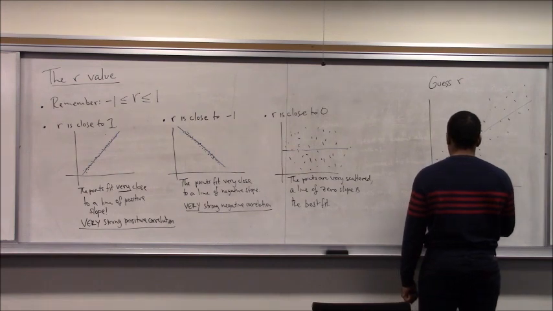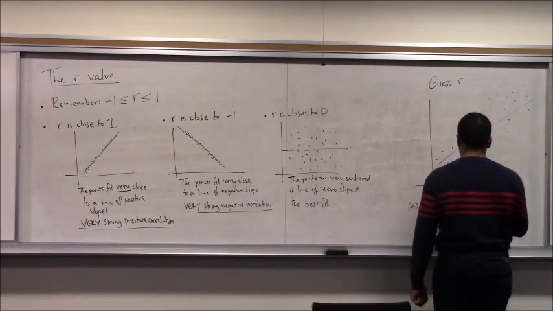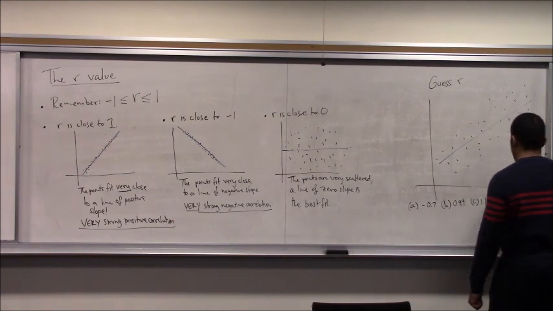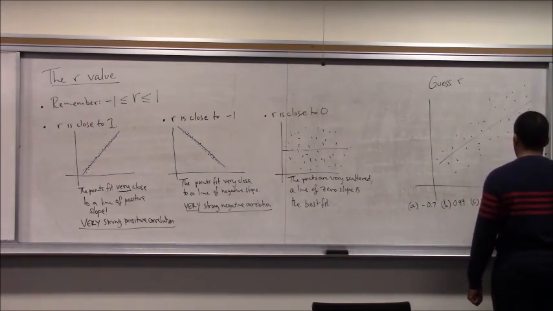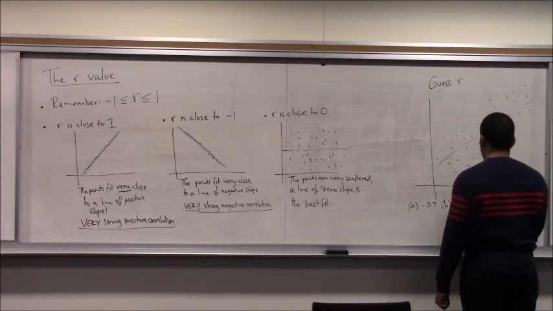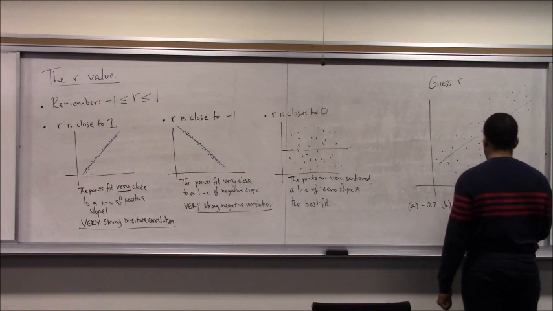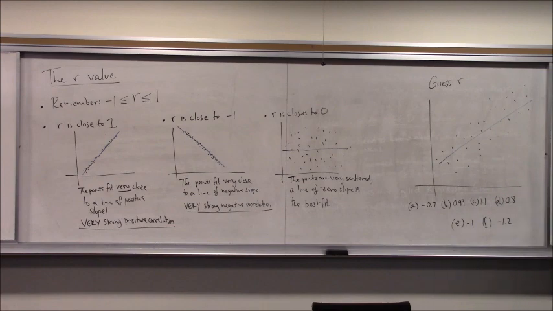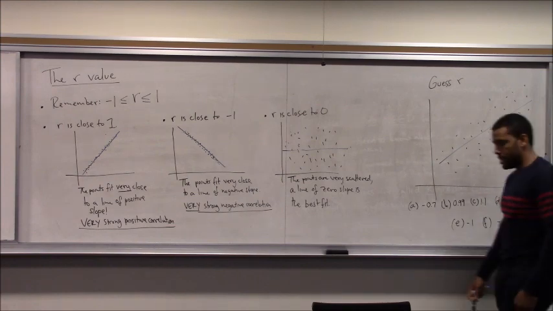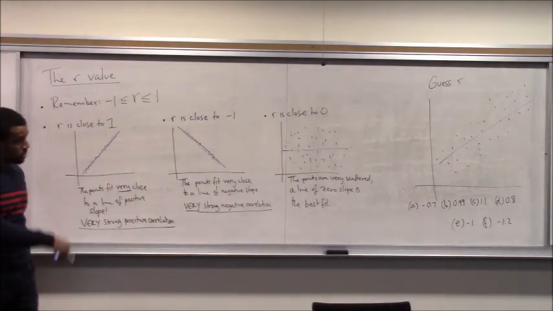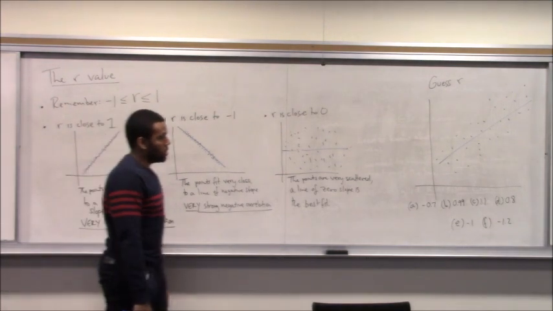Is it 0.99? Look at that picture. Let's say this random picture was thrown on an exam or quiz, and we were saying, what do you think is the best value for R in this scenario?